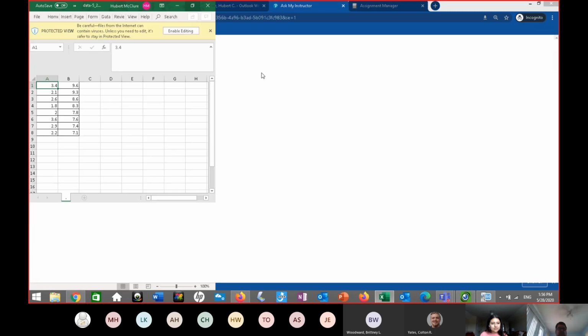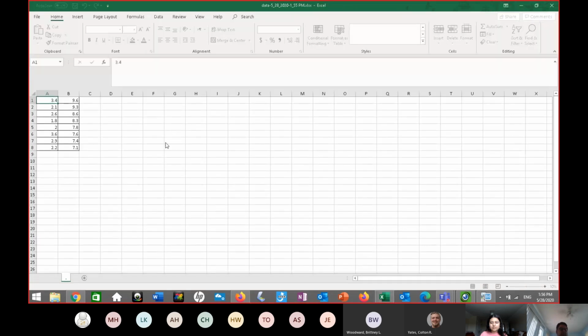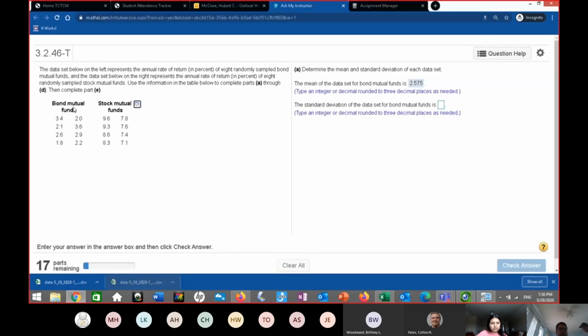There we go. There's our 2 data sets. I'm looking to see if they're in order. Let me look at the question again. This is bond mutual funds. This is stock mutual funds. They're probably going to compare the 2, but we're going to go ahead and put them in order.